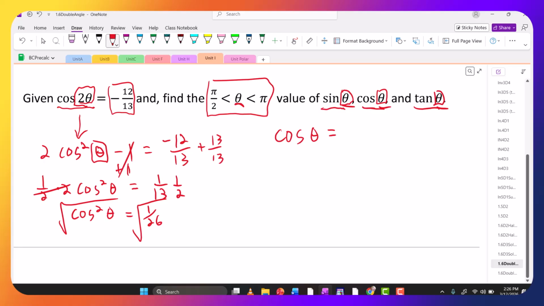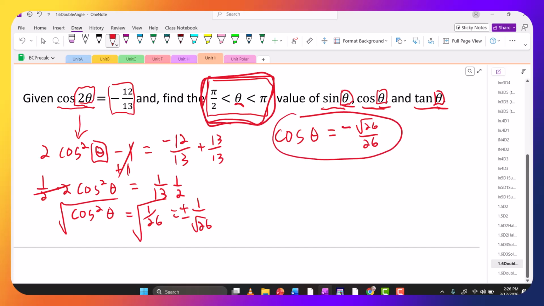Nothing comes out. So 1 over root 26 is root 26 over 26. But you know what? I want to remember that was 1 over root 26 and I had to choose between plus and minus. What should I choose, by the way? Plus or minus? Minus. So there's one of my answers. I got you. There's cosine.